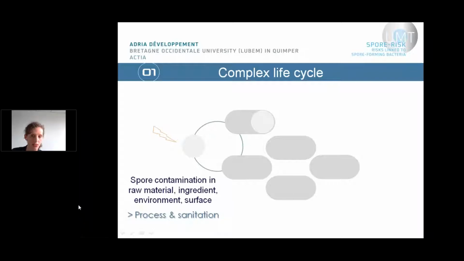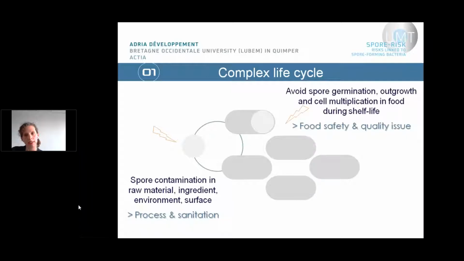Most of the time, the conditions in which the spores are formed are not known. On the contrary, the germination process will occur in food. So the idea in food formulation and process is to avoid spore germination, outgrowth, and cell multiplication in food during shelf life. And this is a food safety and quality issue, of course.